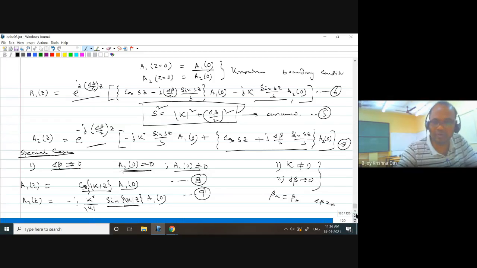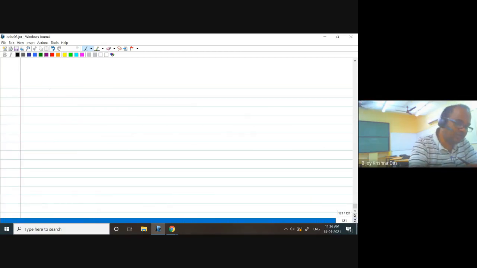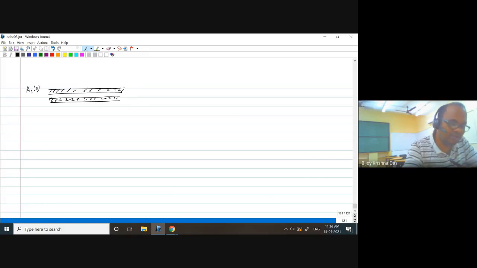For example, I have two waveguides, one here, top view I am showing, and another waveguide here, top view. Initially I just launch A10. Then after a certain length, say z equal to 0 and this is z equal to z, what are you supposed to get here?